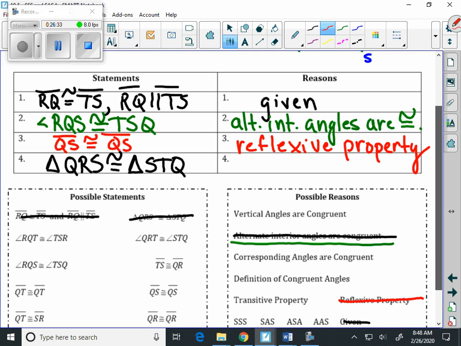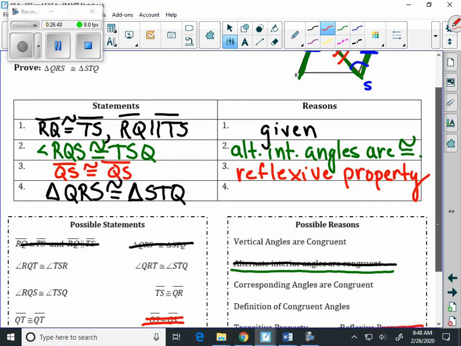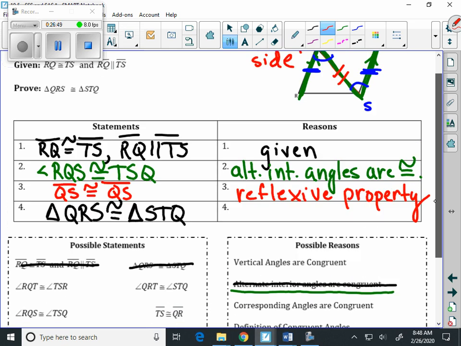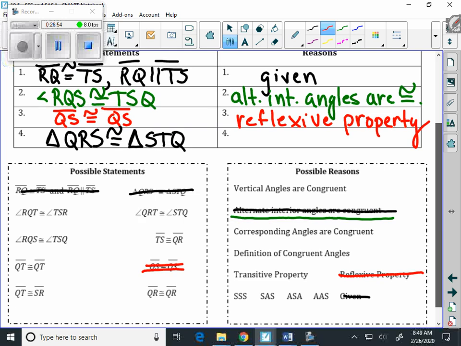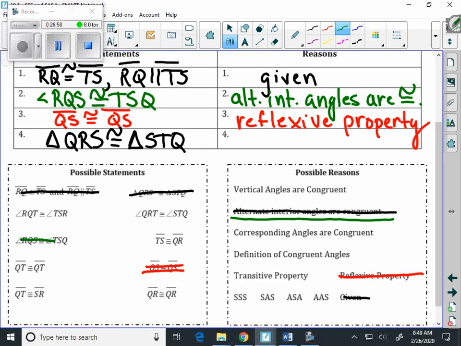And I forgot to look at my word banks down here, but we'll go and check and make sure. And I definitely see that QS is congruent to QS. Do we see the angles RQS and TSQ? RQS, TSQ. We can get rid of that one. So we've got that option as well.